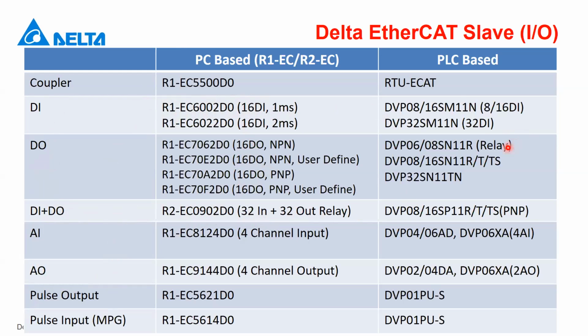So use the PLC, maybe the selection will be more flexible. And for some application, customer might need a pulse output or pulse input, a manual pulse generator. So we also have the corresponding product.